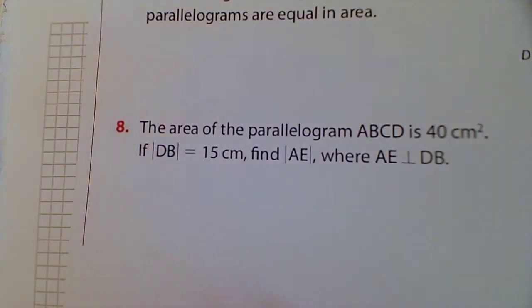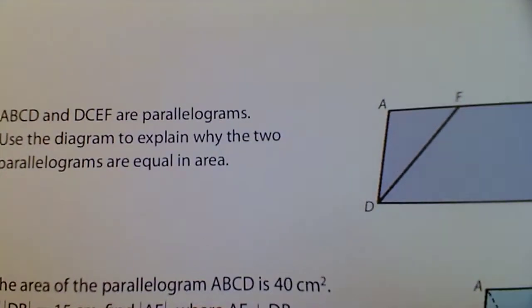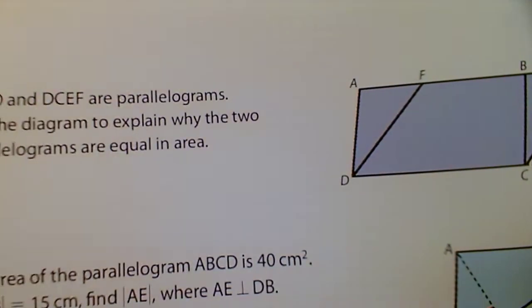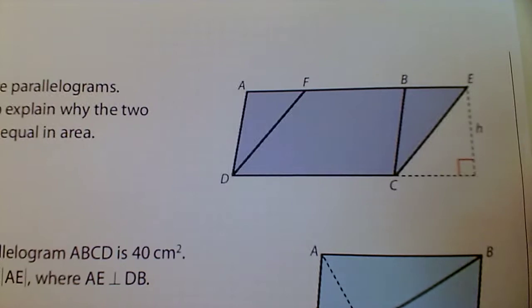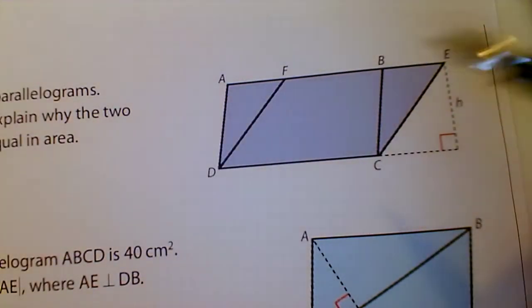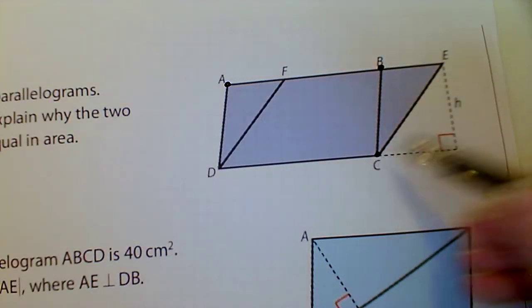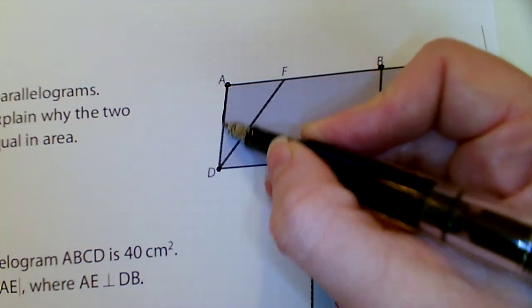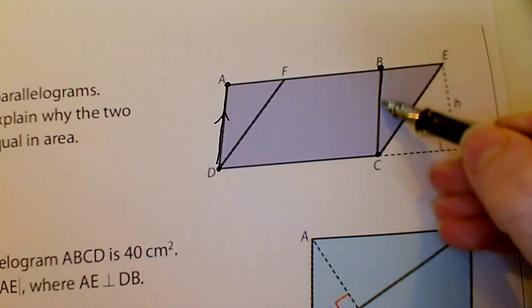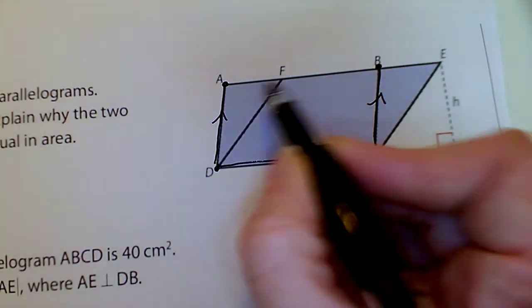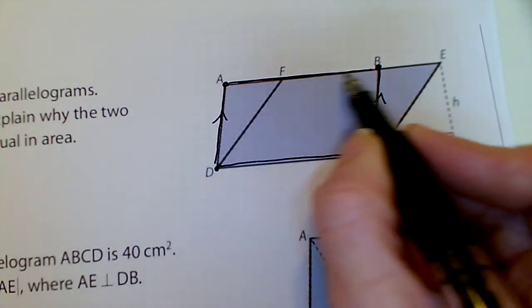The second part of the homework then talked about two different parallelograms. So A, B, C, D. Let's identify the ones they're talking about first. A, B, C, D. I'm going to outline this parallelogram here. Here's the four sides of the parallelogram.